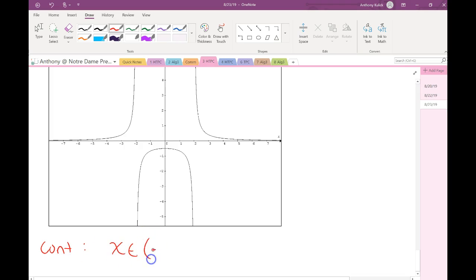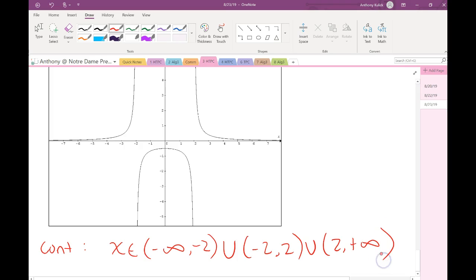So we could say from negative infinity to negative 2, it's continuous. And then from negative 2 to positive 2, it's continuous. And then from positive 2 to positive infinity, it's continuous.